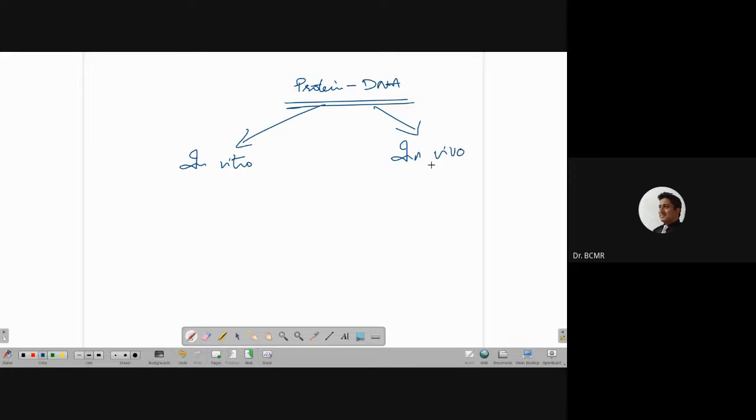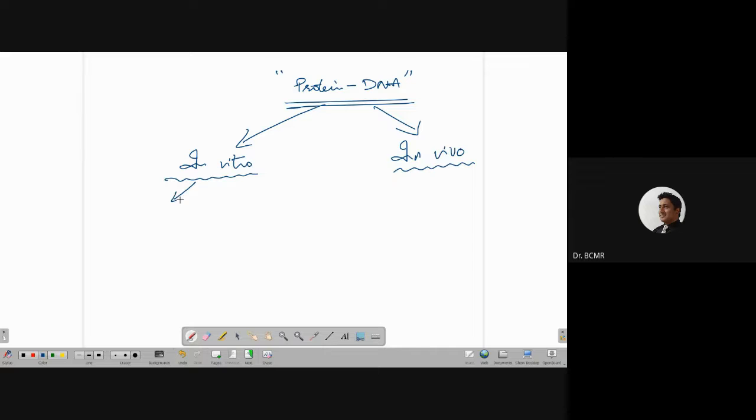I thought I would ask you to explain one in vitro method and one in vivo method. After that, I modified it and just gave it as: explain any technique that can determine if there is a protein that can interact with DNA or not.